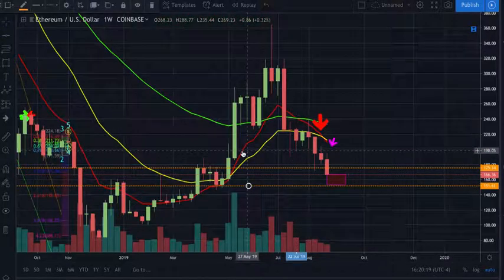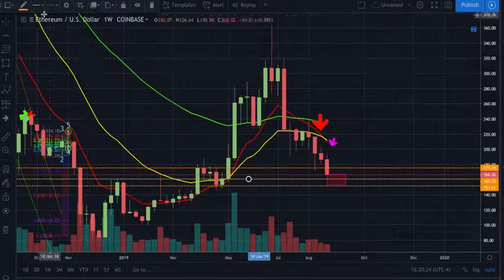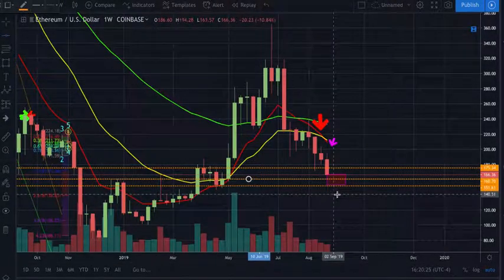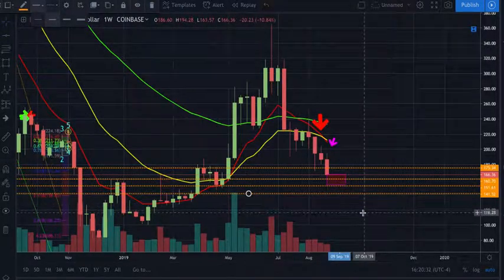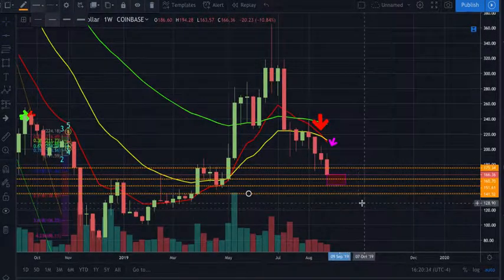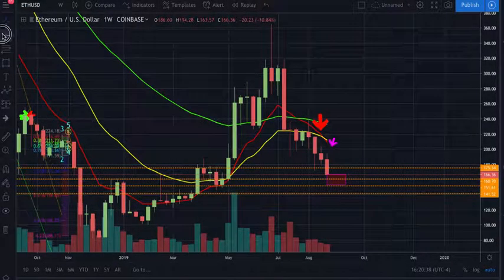On a weekly time scale, I'm just going to draw a couple of important areas in here. On a weekly time scale, does it look like we're closer to the top or to the bottom?